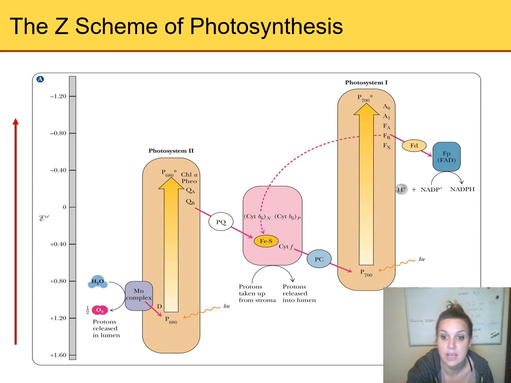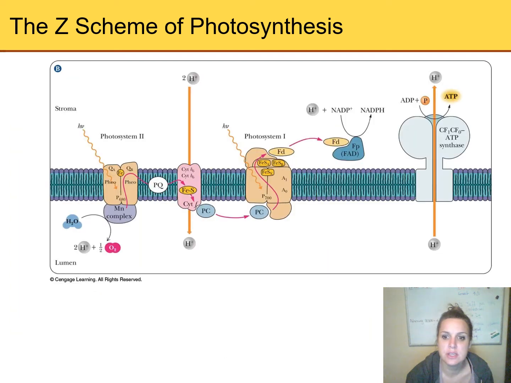And the reason you're able to transfer those electrons is because they go from a higher energy state to a lower energy state all along the way. But how do they get the energy to get them to that higher energy state? They get it from light absorption. So basically, photons of light come in and excite the electron. So that's what we see by these two yellow arrows.